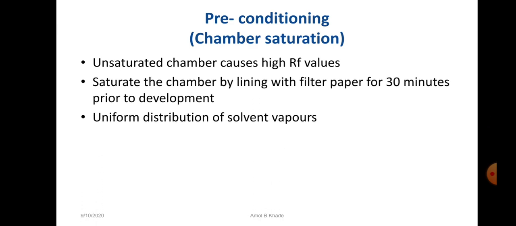It will also give reproducible RF values. So we need to prepare the mobile phase, pour it into the solvent chamber, and wait for 30 minutes so that the vapors of the mobile phase will occupy the inner space of the developing chamber.